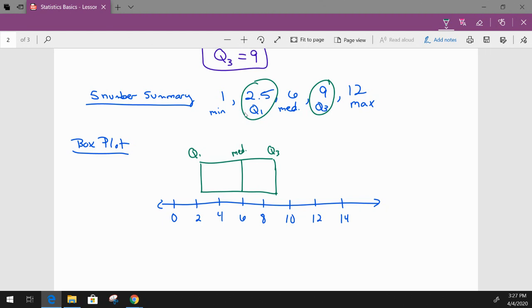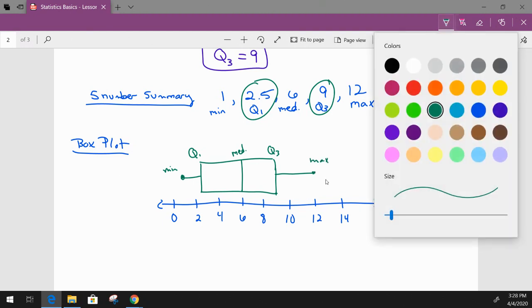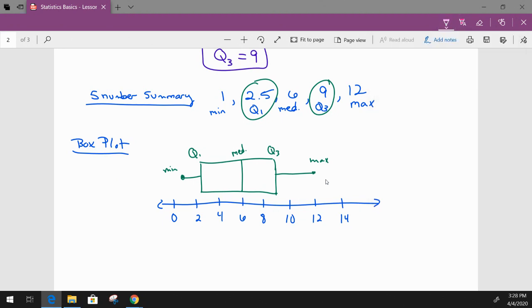Then we put points on the minimum and maximum value. So 1 is my min, and then our whisker. And then our max value is 12, and our whisker there. So min and max. What we have now with that box and whisker plot represents your range of data.